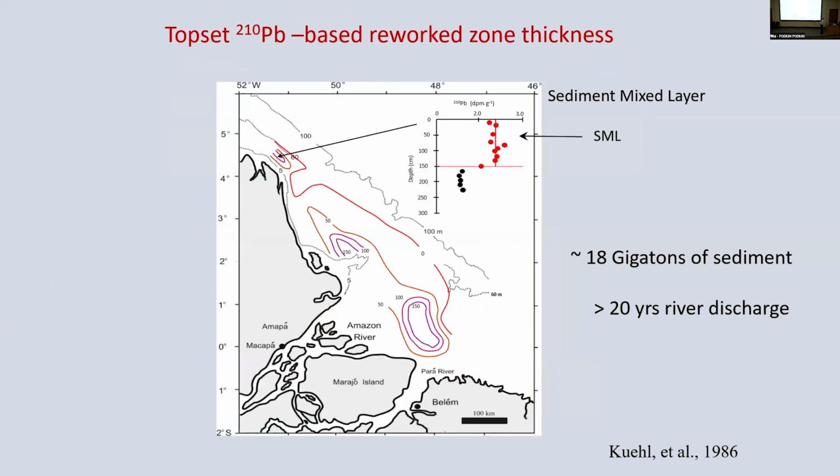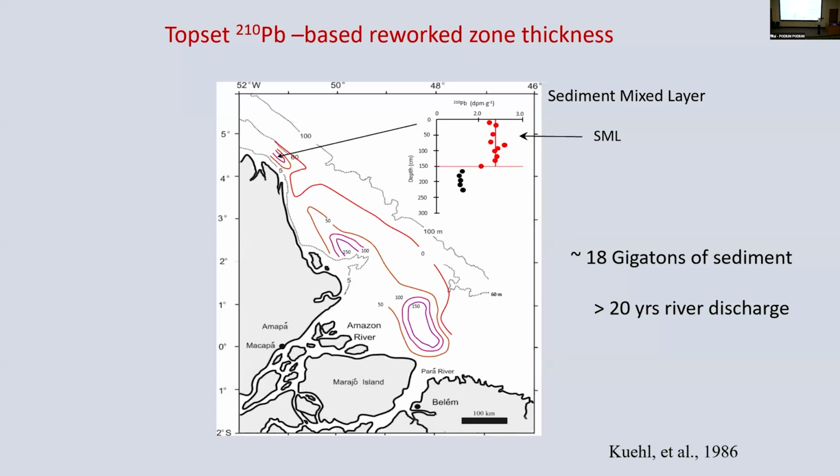So here's the Amazon River, and as you go out here, you go across the topset, and then out here is where the foreset of this system is. And one of the things that was learned early on in studying this system is that this topset region, which represents about 50,000 square kilometers of seabed, is intensively disturbed physically.